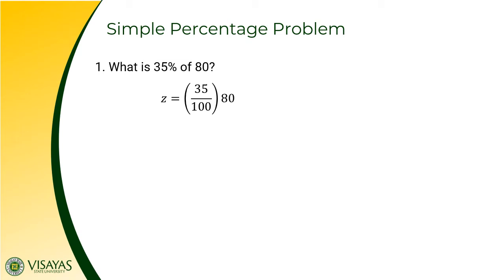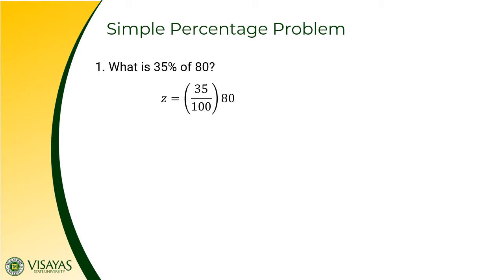And the 35%, when it is in percent form, we are going to first convert the percent form of a number to decimal before multiplying it to the given number, since we are getting the part from the whole. That is why we have here 35 divided by 100 times 80.